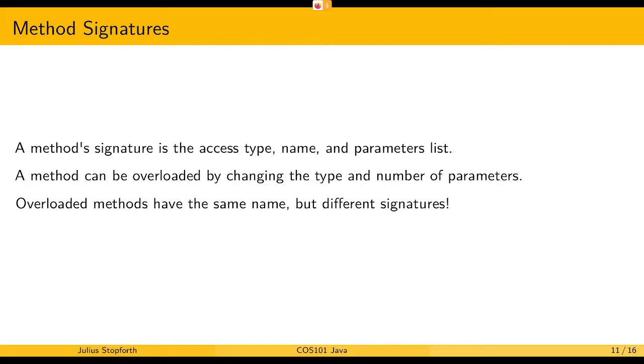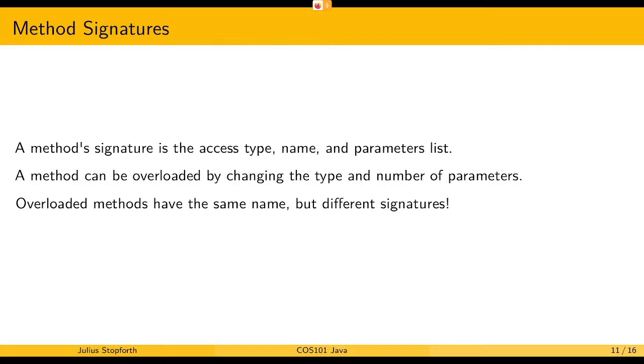We'll talk about something called method signatures, and hopefully everything will be okay. A method signature, and you can imagine why you would need a signature. A signature is a way to keep things unique, hopefully. When we have people signing contracts, we use their signatures, and your signature is meant to be unique to you. In the same way, a method signature is the access type, the name, and the parameters list.